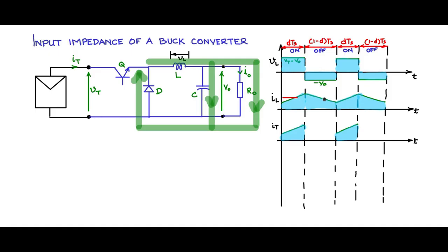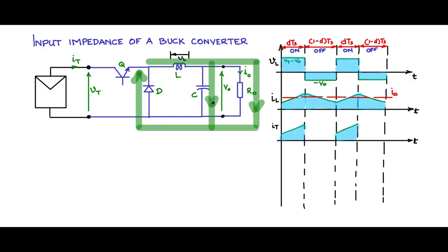Now if you take the average of the inductor current, the DC equivalent of the inductor current flows through R naught. That will be pure DC, V naught by R naught, so that is equal to I naught. The ripple portion, which has a 0 average about this DC, will flow through the capacitor, because the capacitor should have a 0 average.